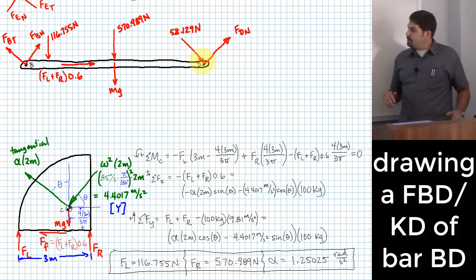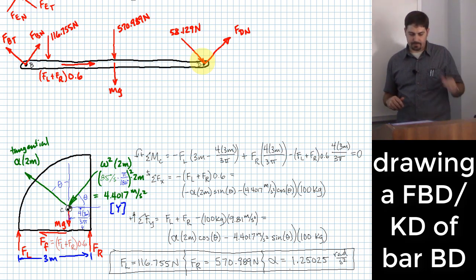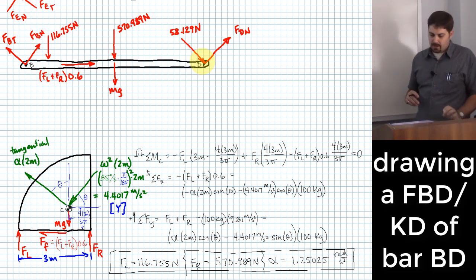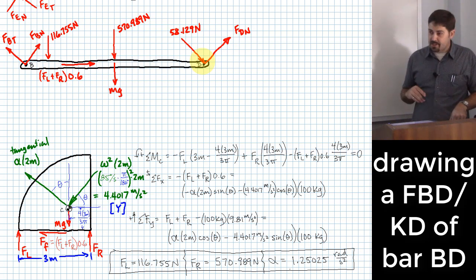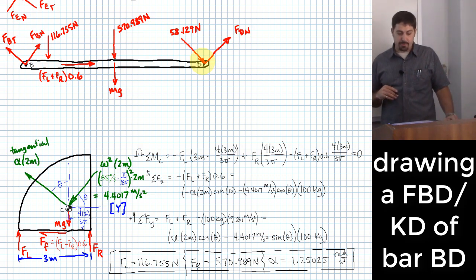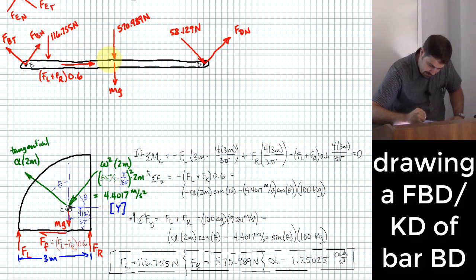All right, what should I do as far as kinetics are concerned? Well, it might be of concern to me what the center of gravity is doing. So let me actually look at the center of gravity of this body and identify the accelerations that I might have at the center of gravity. They're the same as the accelerations that I had at point C or at point D, because all of that is translating, right? So that makes it possible for me to just immediately put on here that I will have this tangential component of acceleration.